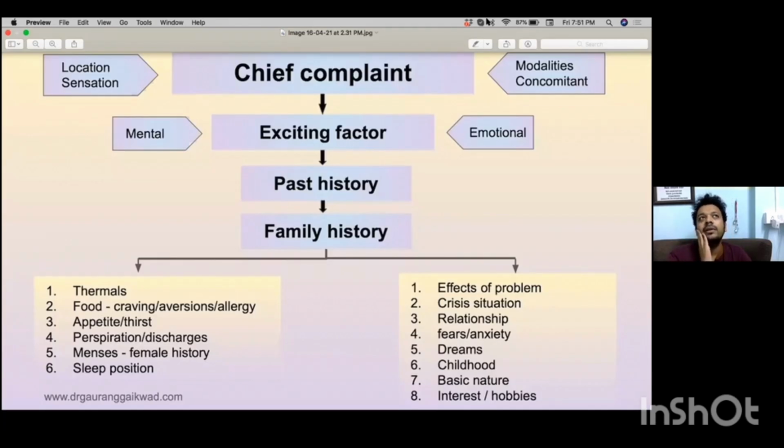One of my patients told me he had arthritis. He told me his biggest crisis situation was when he had a family together, and the family broke, and the separation from his family affected him a lot.